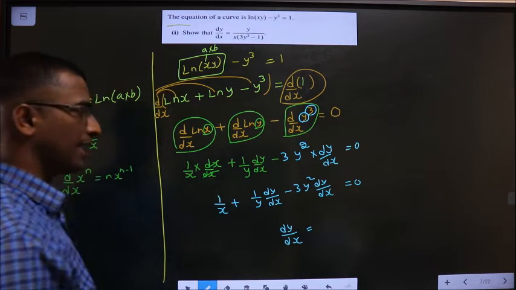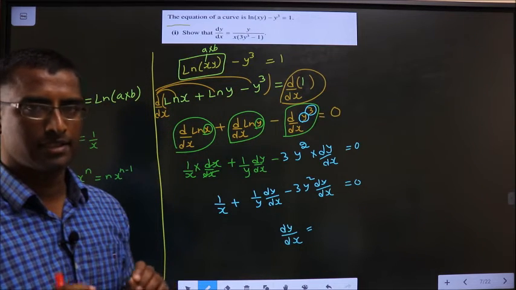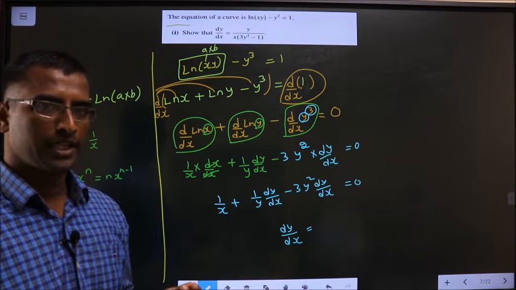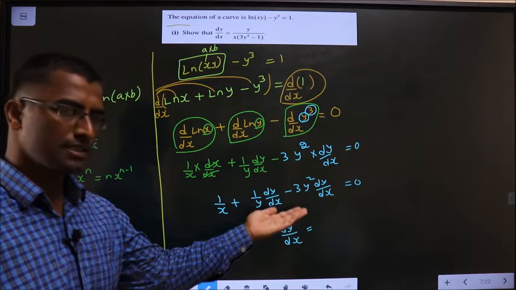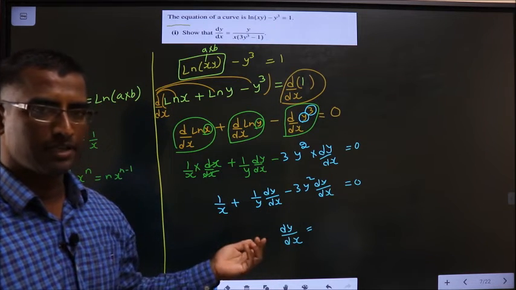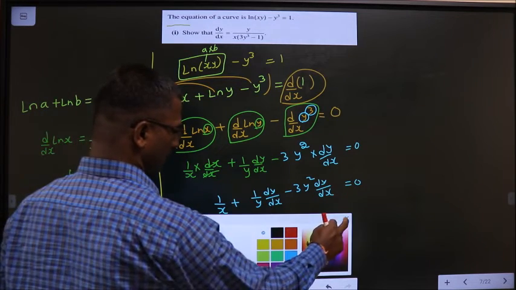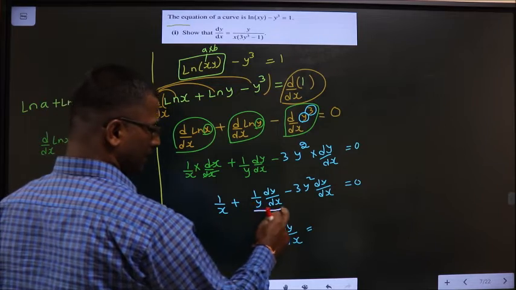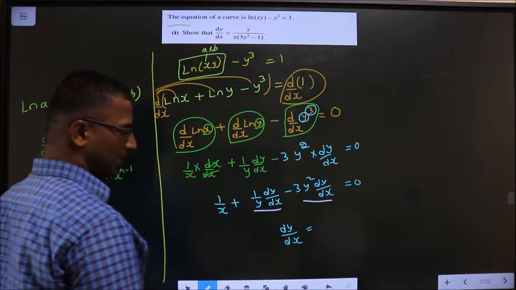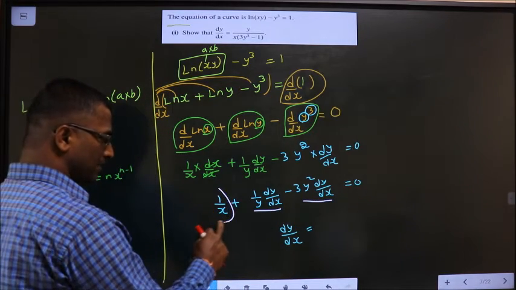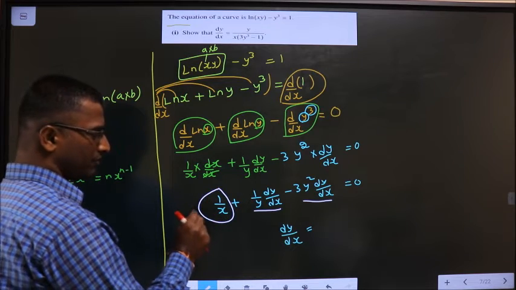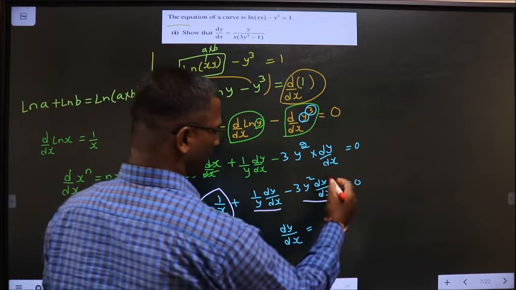Now I have to get dy by dx. That means I should make dy by dx the subject. For that, I put dy by dx here and whatever is attached I will get rid of. What I mean is, this is dy by dx, this is dy by dx. Attached is plus 1 by x. Get rid of this. How do I do that?